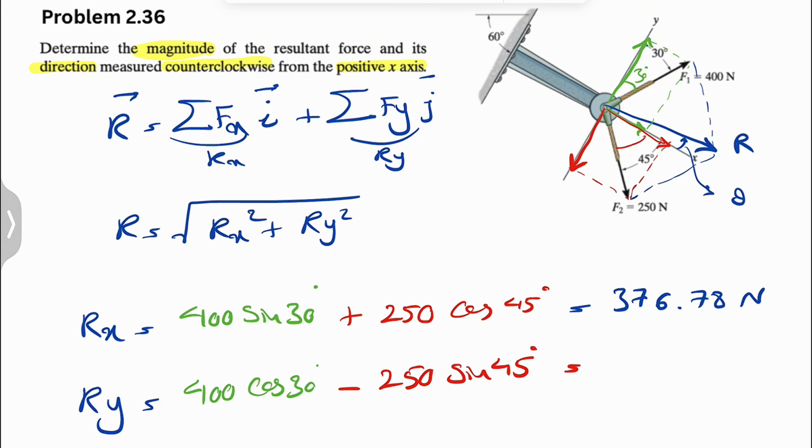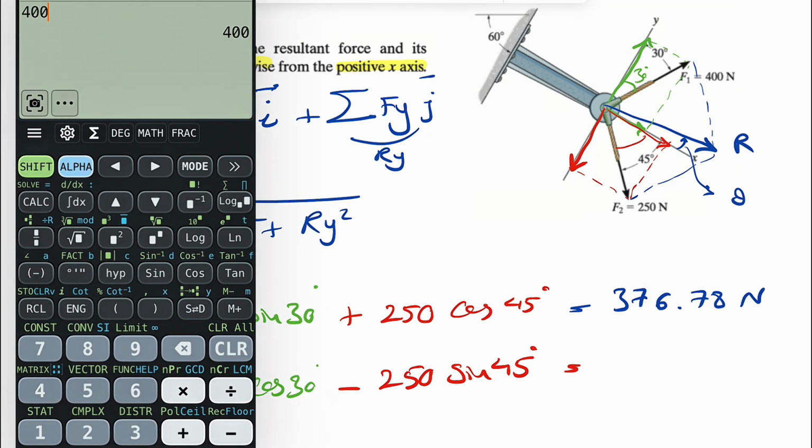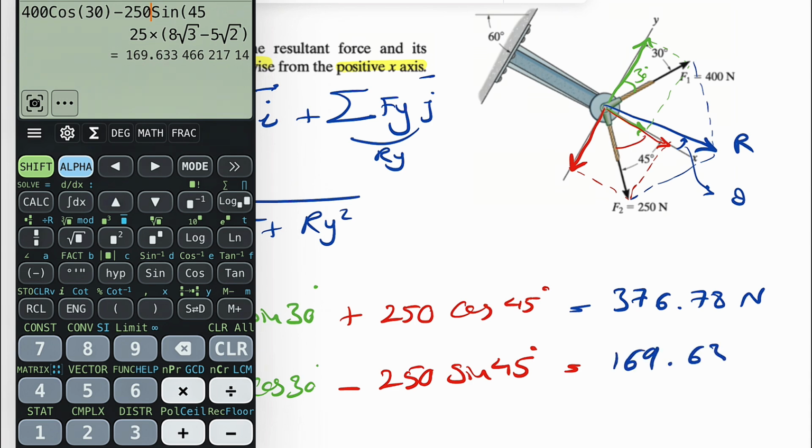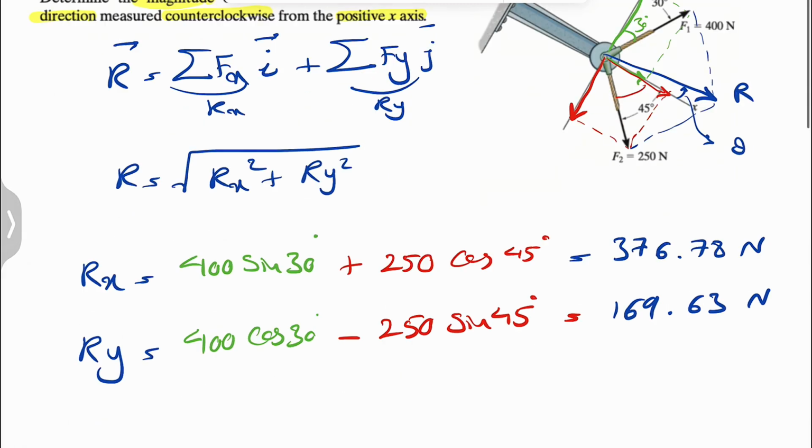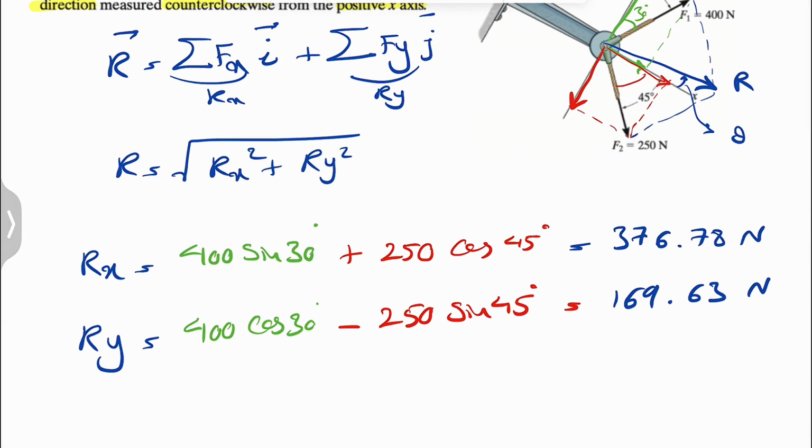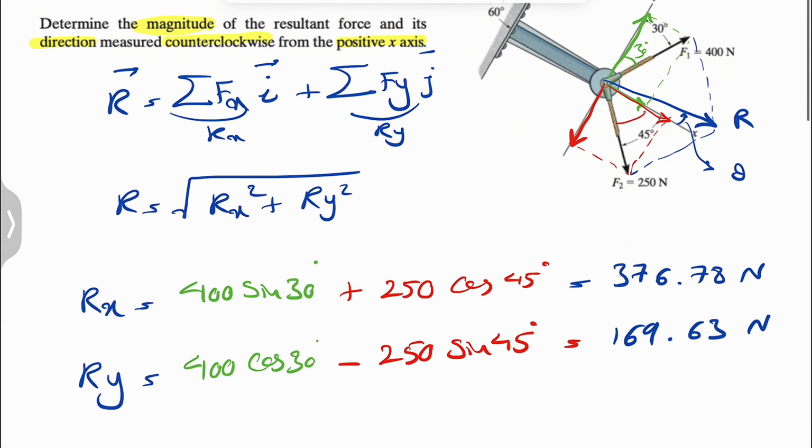And this is going to give us the Ry. So now we have 400 cosine of 30 minus 250 sine of 45. And this is going to be 169.63 newtons.